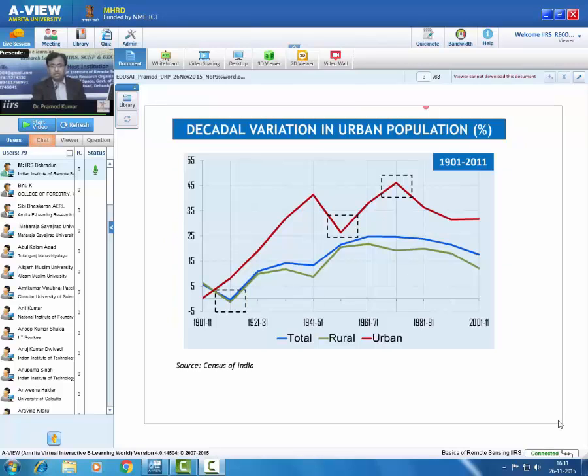Now, when I look at the decadal variation in urban population over the years, in this chart where the urban population, rural population and total population are depicted, you see the urban population in general is increasing. There are only some nick points.